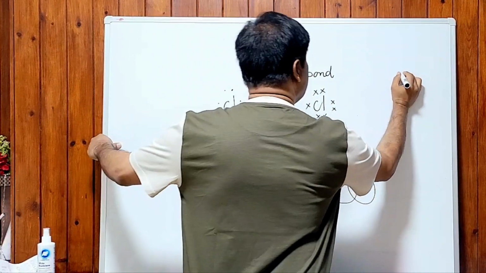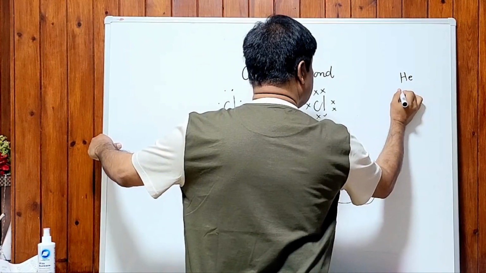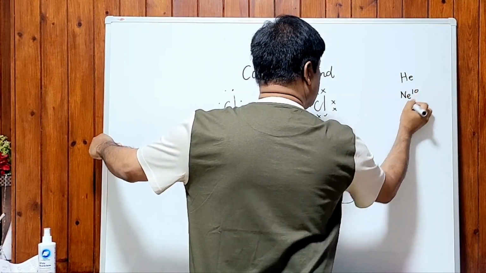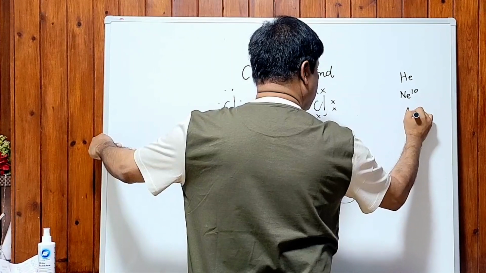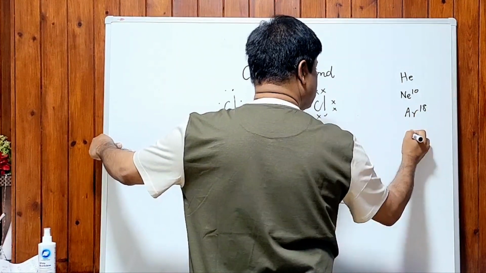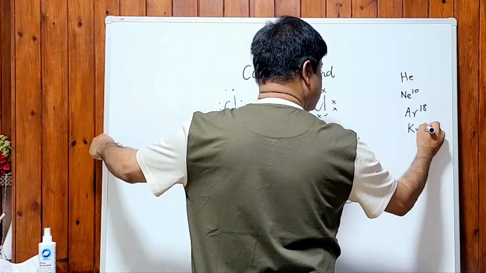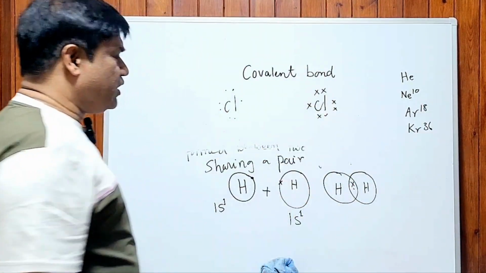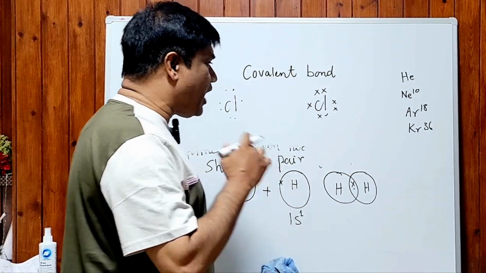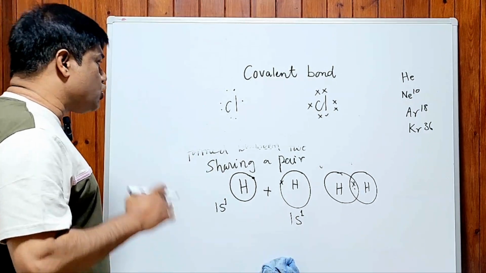Look, helium 2, neon 2, 8, argon 2, 8, 8, krypton 2, 8, 18, 8, like that. All these elements have 8 electrons in the outermost shell.